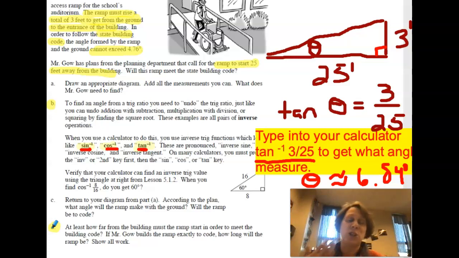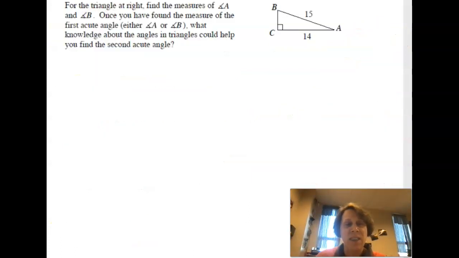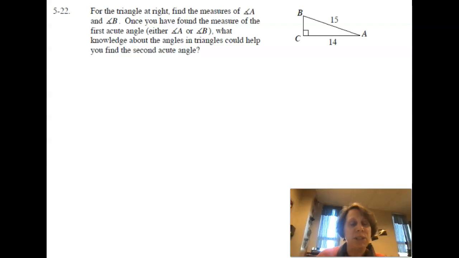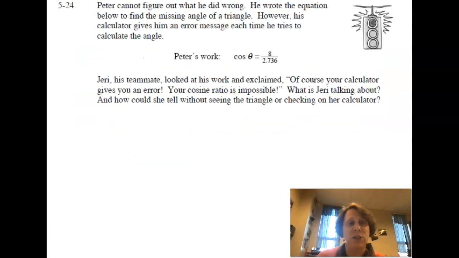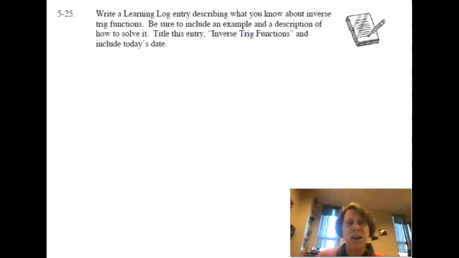So feel free to Zoom with some friends. If you're in the classroom, keep your social distance, but work together and finish 521. Please also do 522, and then 523 through 25. It is giving you some practice problems.